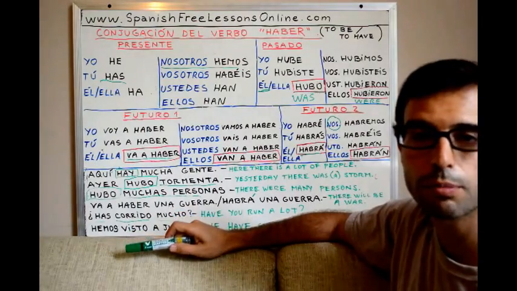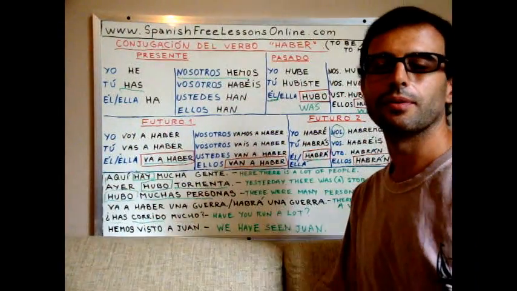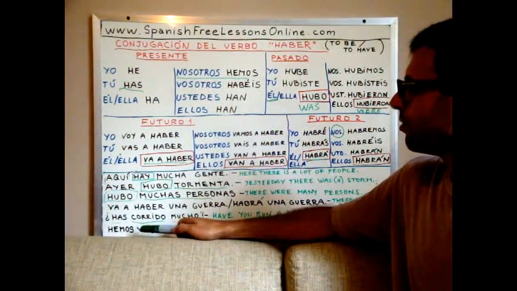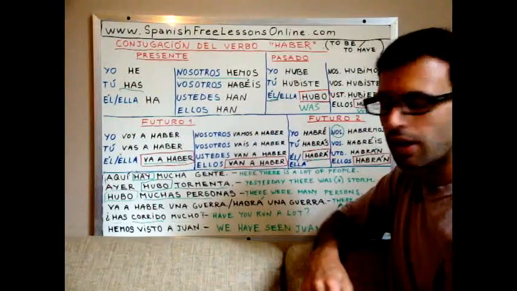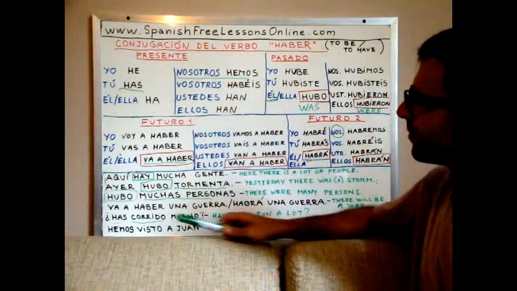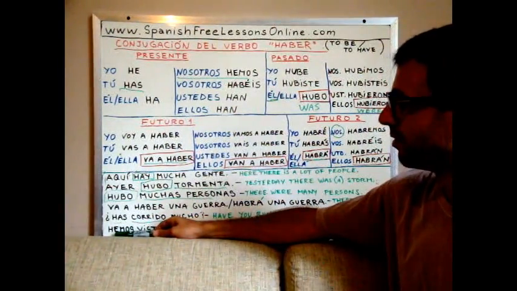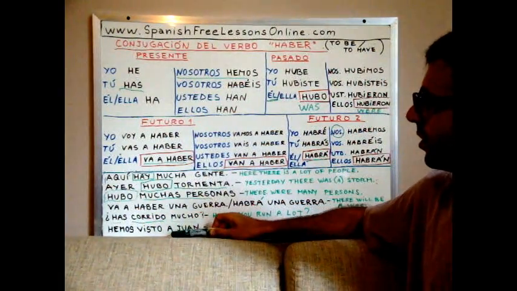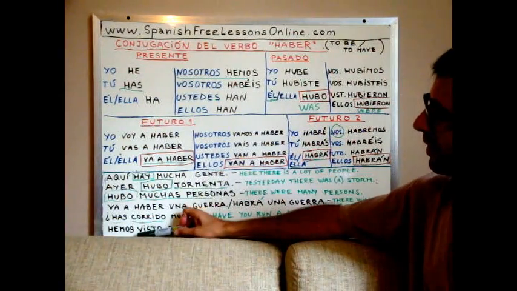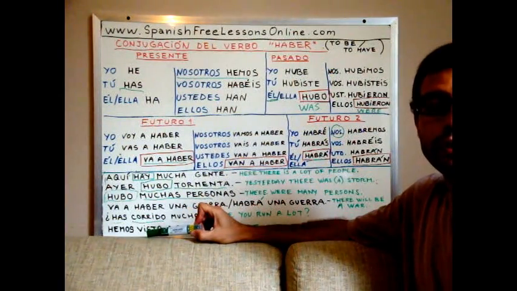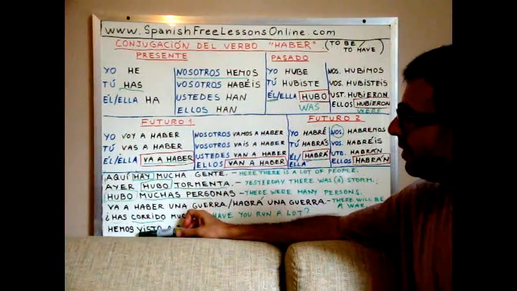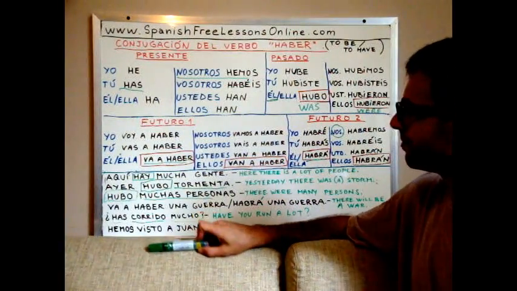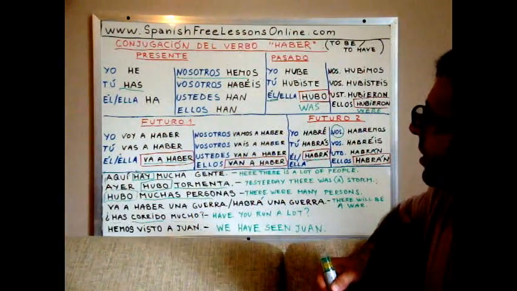Visto is a past participle for the verb ver. We have seen Juan. We is implied in the verb hemos. Visto is a past participle for the verb to see, right? Visto would be seen. Hemos visto, have seen.